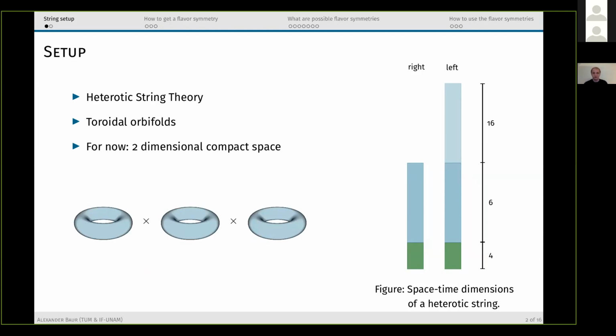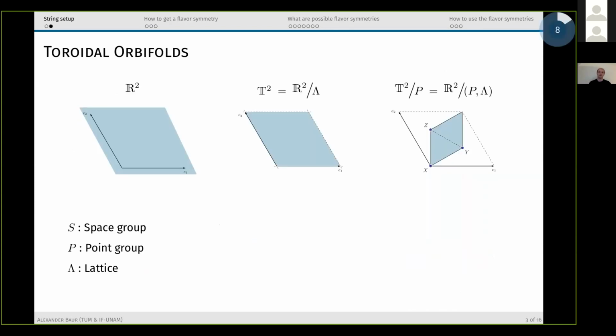So what is a toroidal orbifold? For this, let me start with a continuous space-time like R2, so 2 dimensions. What we can do is we take this continuous space-time and mod out some lattice lambda. So we will get a torus, or equally said, this fundamental domain over here in this lattice.